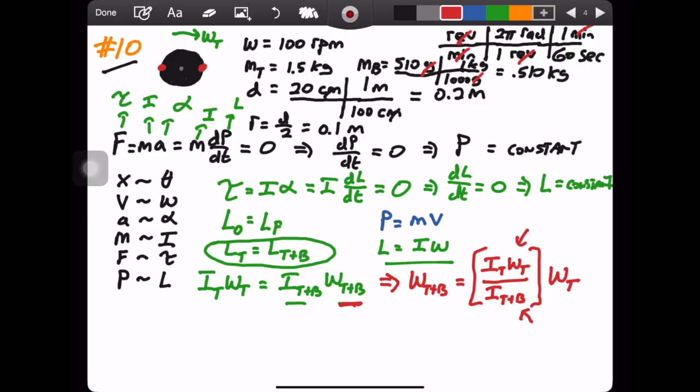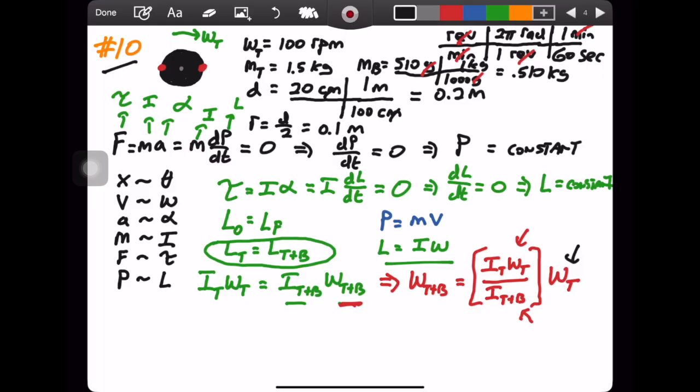So if I know the original omega turntable before the blocks hit, that's 100 RPM. So that's what this term is right here. So if I leave that in RPM, I'm going to get an answer in RPM because the number in brackets I multiply it by is a ratio where the dimensions cancel out. So even though I showed you how you could convert from revolutions per minute to radians per second, you actually don't have to in this problem.